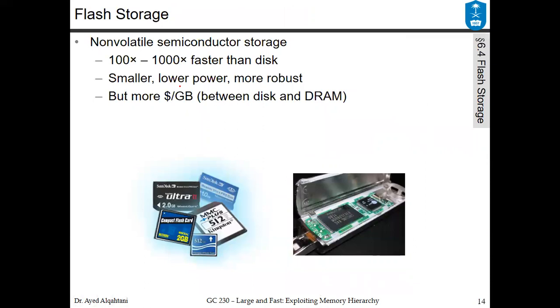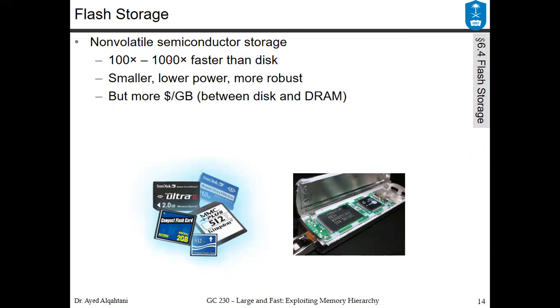Now, from the memory, we'll talk about flash storage, and we'll have many SD cards, as you can see here. And this is a flash that we opened, and this is the inside of the flash. They are non-volatile, so they will keep their value even if the power is off. They are non-volatile semiconductor storage.